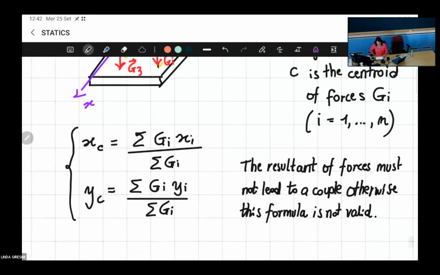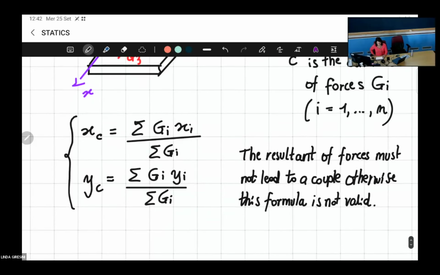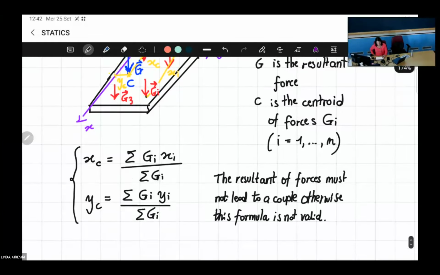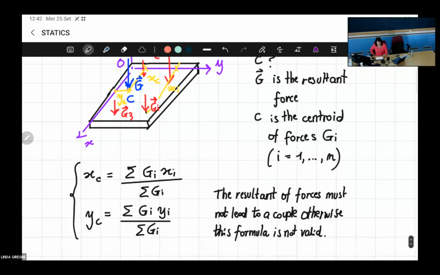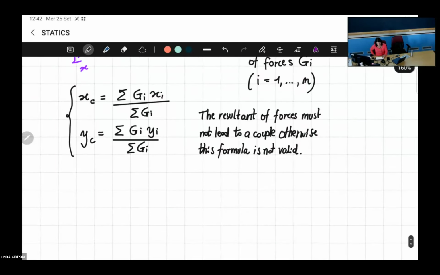Okay? Now we apply this concept to a real example. As you can see, XC and YC are lengths. And now let's look at an example.